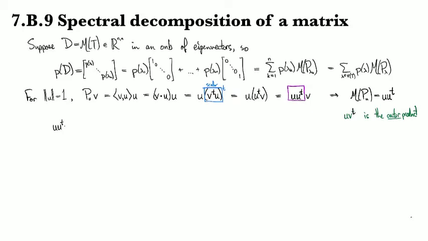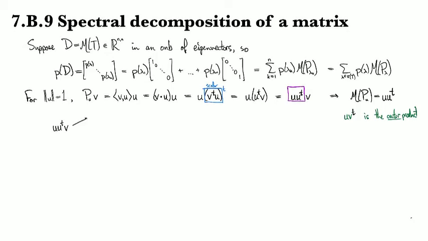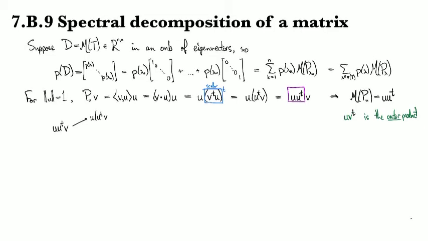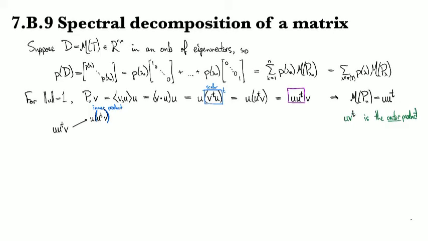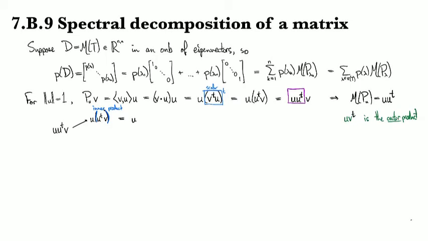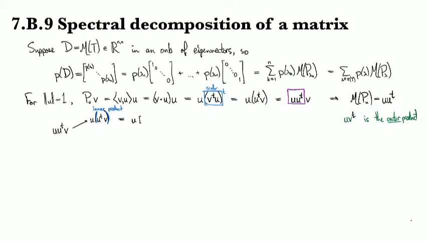So if we have this widget here, u u transpose v, by associativity we can understand it a couple of ways. If we do u times (u transpose v), then the thing we're looking at here is the inner product of u and v. We always consider these vectors as column vectors.